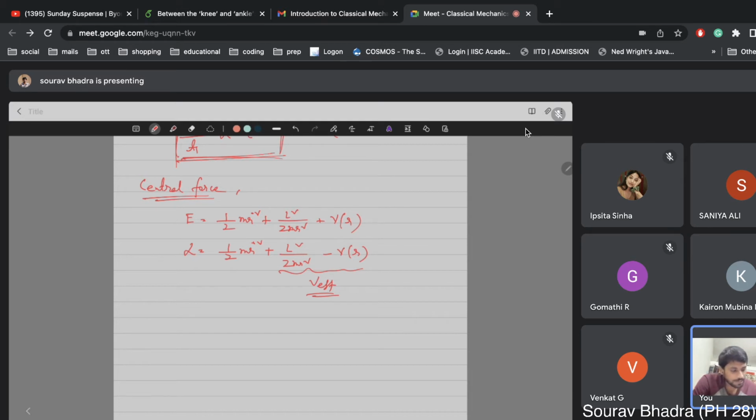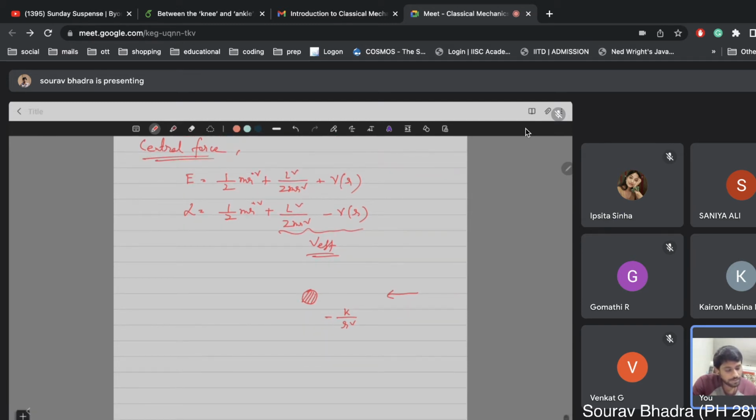A particle which is moving towards the massive particle, and suppose the force is k by r square, and the potential is k by r. So you can write this particular system's equation of motion.